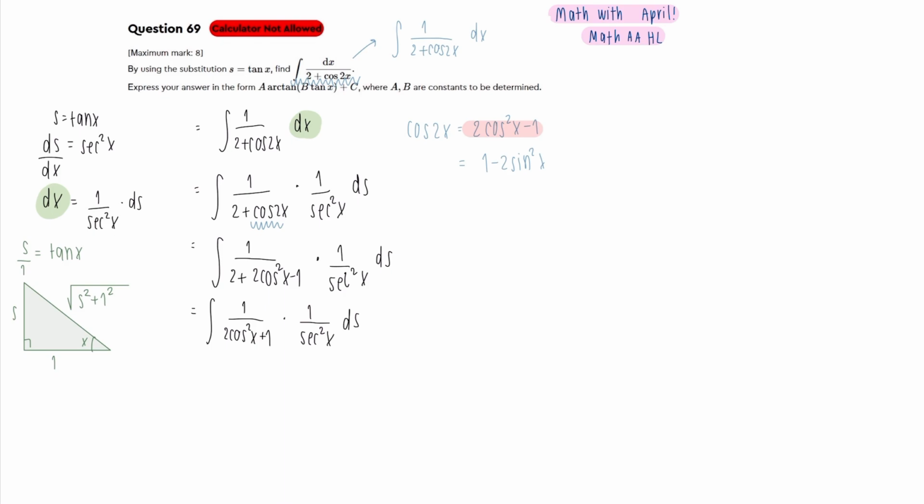From this right angle triangle, we can say that cos x, which is equal to adjacent over hypotenuse, can be equal to 1 over root s squared plus 1 squared. And sec x can be equal to root s squared plus 1 squared. So from here, we can see that these are the same, right? And we can substitute the green value into our main part.